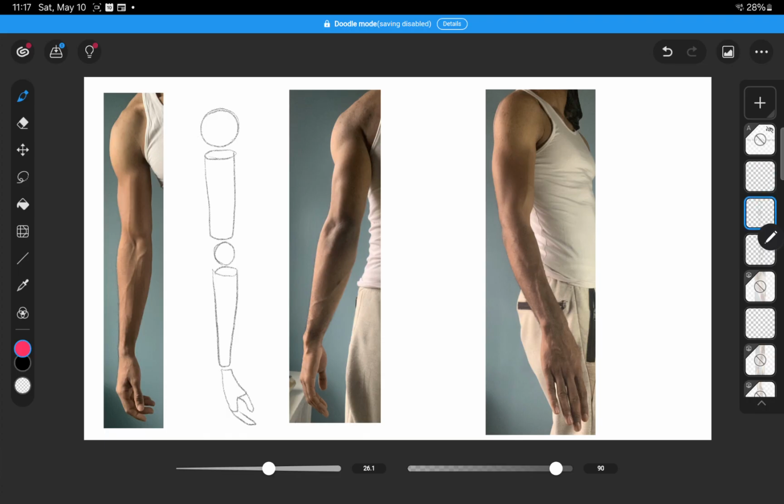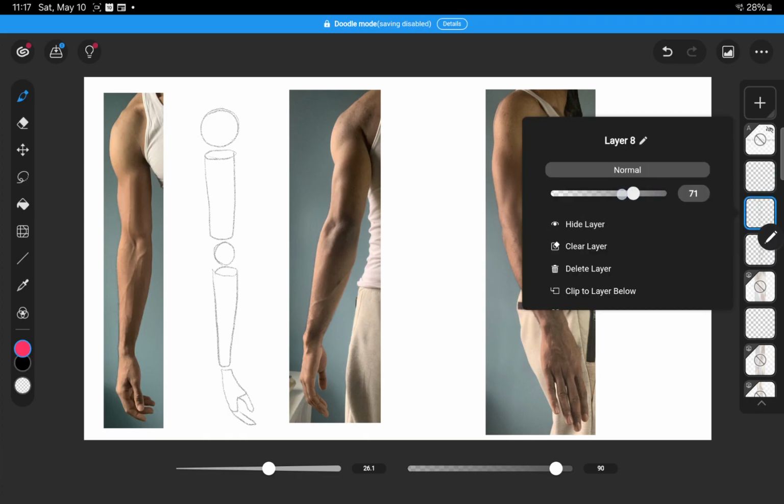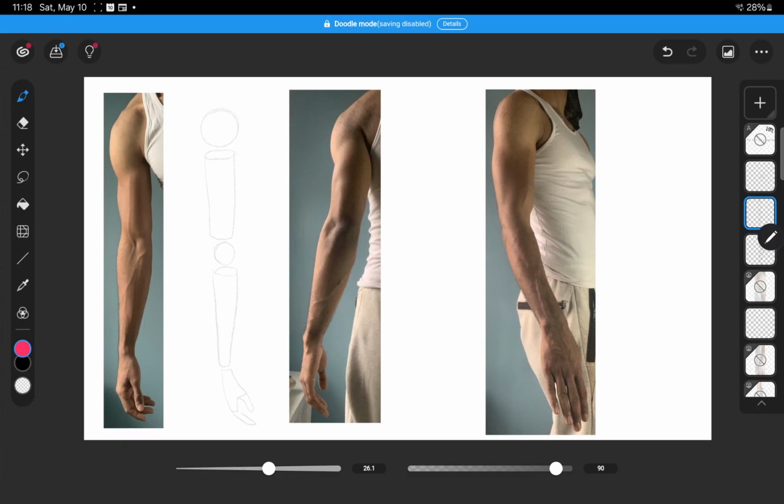So let's say, how can I reduce this opacity? Yes. So let's say you're using that as a guideline. You use like an eraser or something. Back when I used to draw in pencil, I did that. Now I just draw in pen because I'm a thug. But yeah, so you would use this as a guideline. So I'd be like, okay, gonna do that.